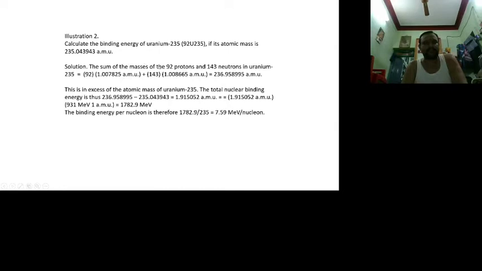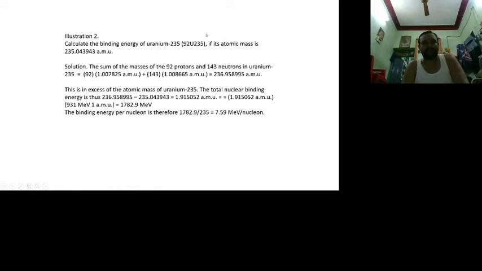Uranium 235 contains 92 protons and 143 neutrons. We know the mass of a single proton is 1.007825. Multiply the mass of the proton by 92 and the mass of the neutron by 143, and you get 236.958995 atomic mass units, but the actual observed mass is 235.